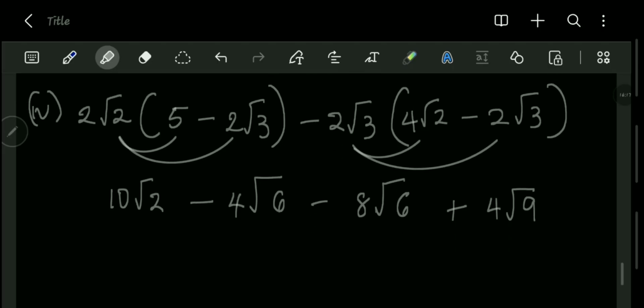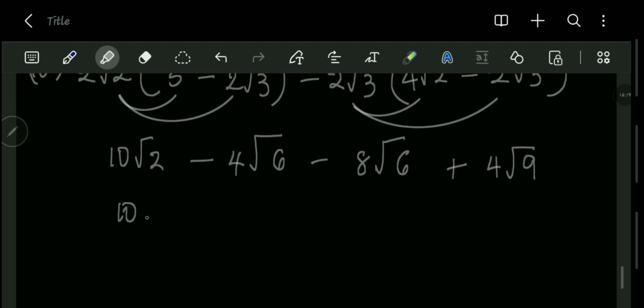Are you seeing that? So from here we have that we have 10 root 2. Of course, these are like roots because there is root 6 here and root 6 here as well. So they are like roots, right? So I'm having minus 4 minus 8. That's minus 12 root 6. Then plus 4 times root 9 is 3, right?